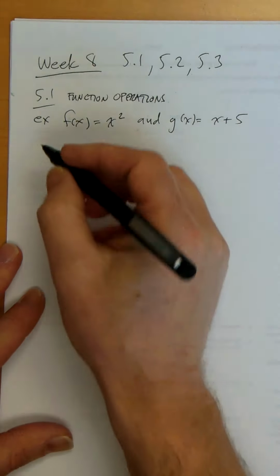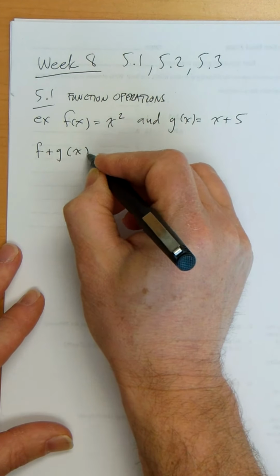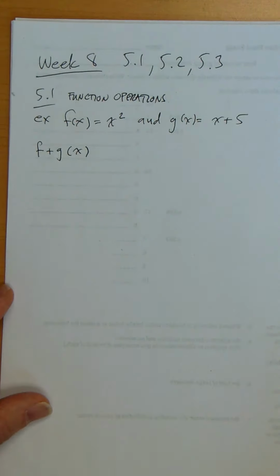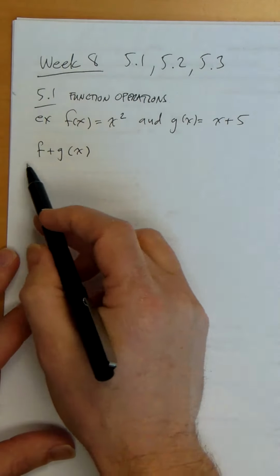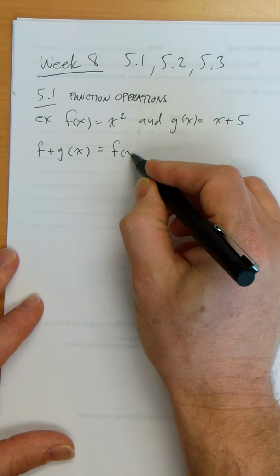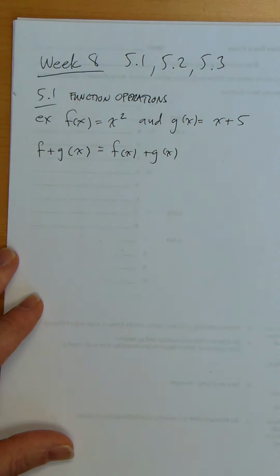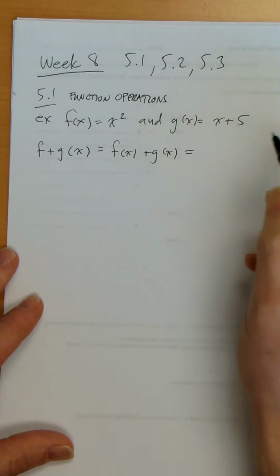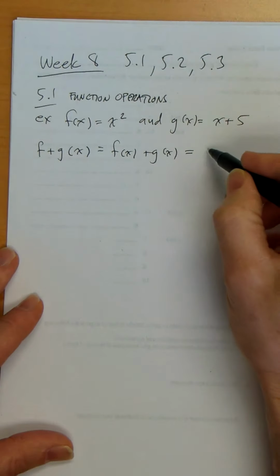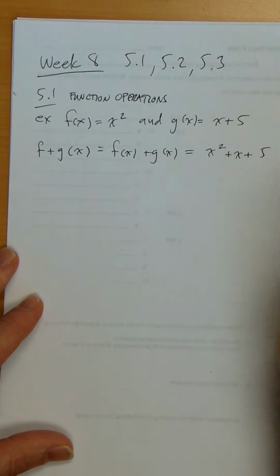And then I give you an expression like f plus g of x. Actually, that operation between functions is understood pretty well by most people without a definition. It just means f of x plus g of x. So in the example, this would just be the formula you get by adding these two formulas together.